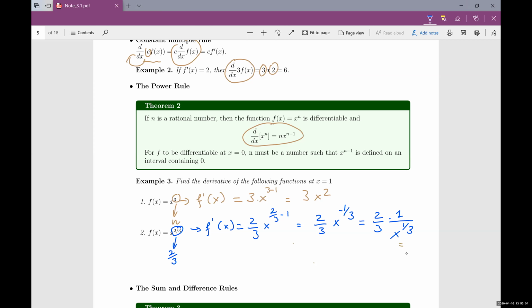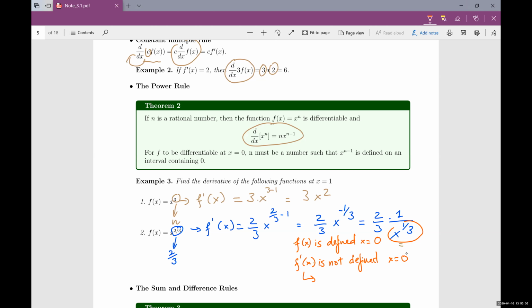And at this point, you want to notice that the function f of x is defined when x equals 0, but f prime of x is not defined when x equals 0, because you have x to the 1/3 in the denominator.